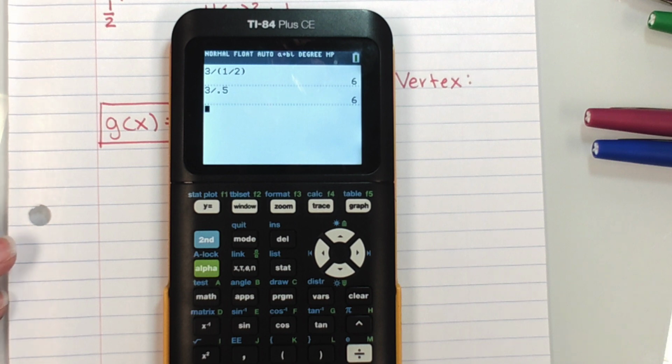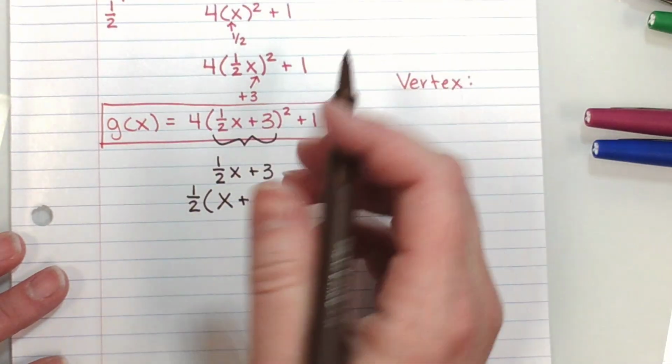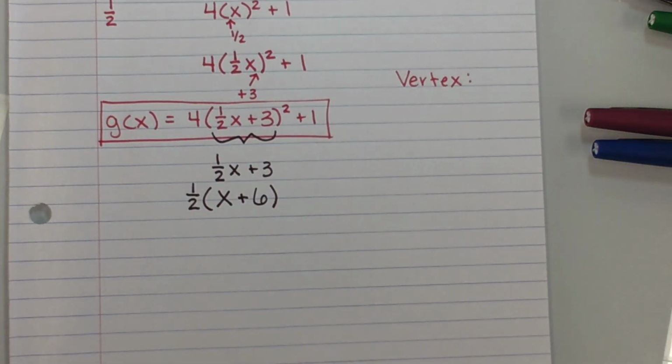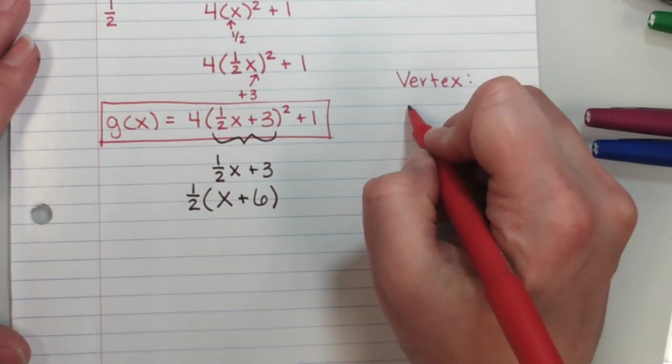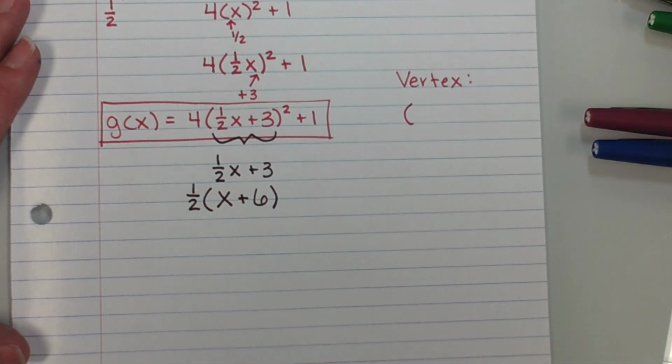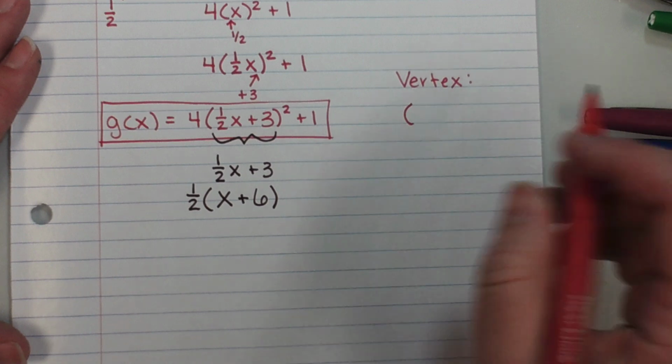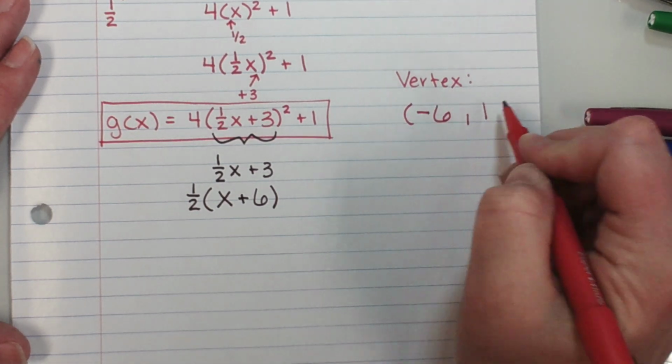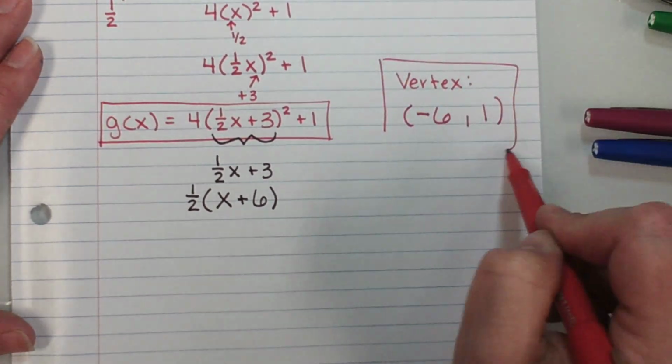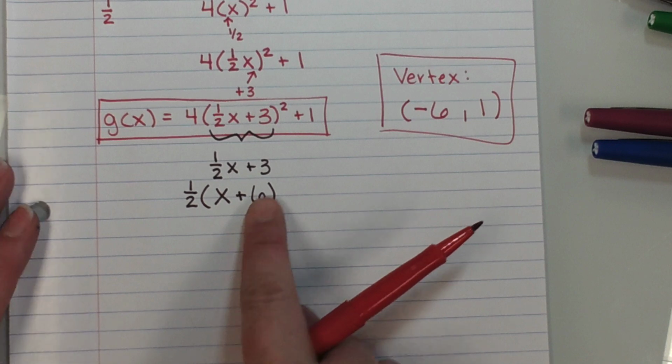It didn't say divide in half, it said divide by 1/2, and those are different. What is my vertex? Negative 6, positive 1. Opposite of that, same as that.